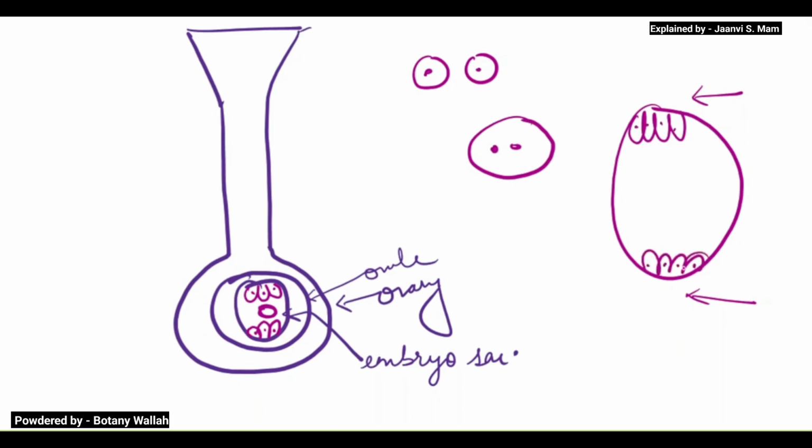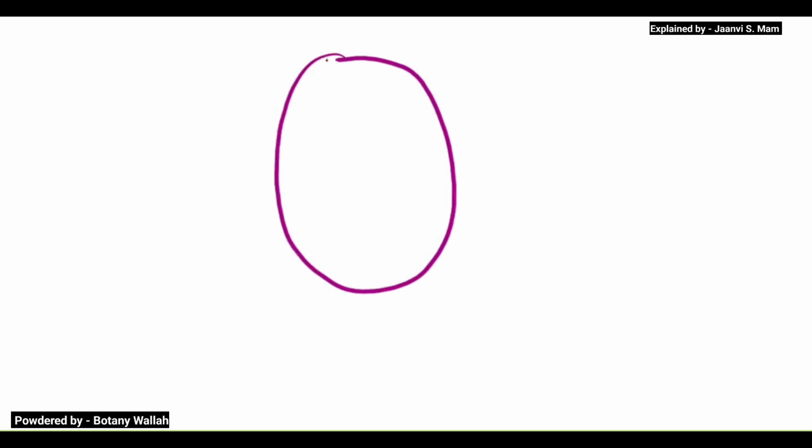So one cell from here and one cell from there came into the middle. Here the cells fused, but their nuclei didn't fuse. So here you will have 2 nuclei. I will draw a zoomed structure. Suppose this is the embryo sac, the only thing we are seeing. Upwards means which end?